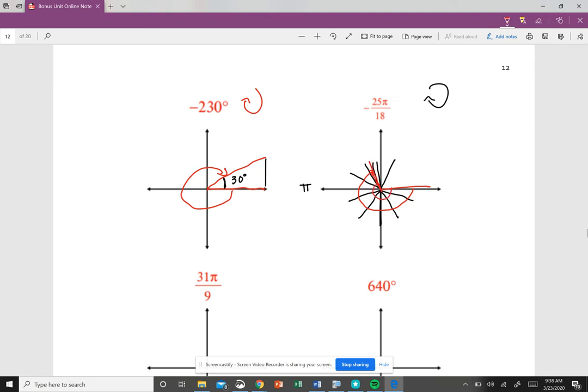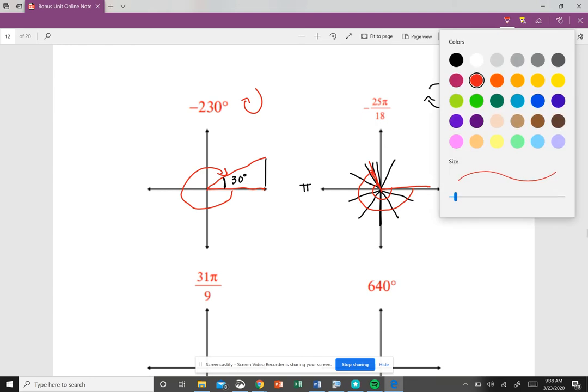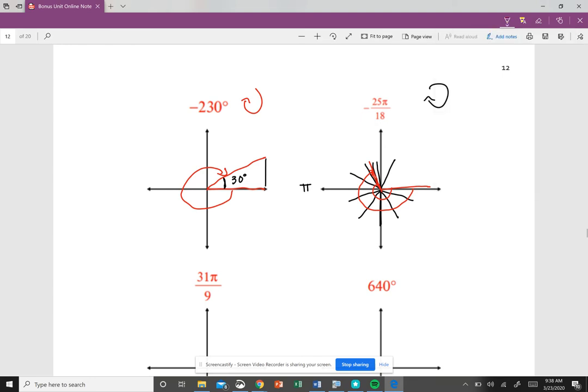So it'll be this angle, which makes our reference angle, let me do a different color, this angle right here. So that's going to be, let's see, that's 3, 6, 7 pi 18ths. Because there would be 3 portions right there, 3 portions right there, and then we want 1 extra portion there. So 7. So 3, 6, 7.